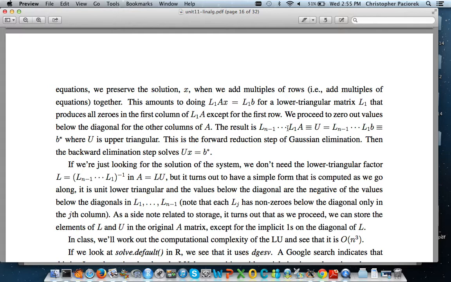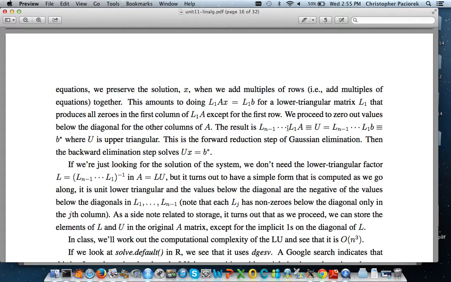So it turns out that this matrix L is equal to the following: 1, A21 over A11, N1 over A11, 1's on the diagonal, and then A32, 1 over A22, 1, N2, 1 over A22, 1, and so on and so forth. So that's L.